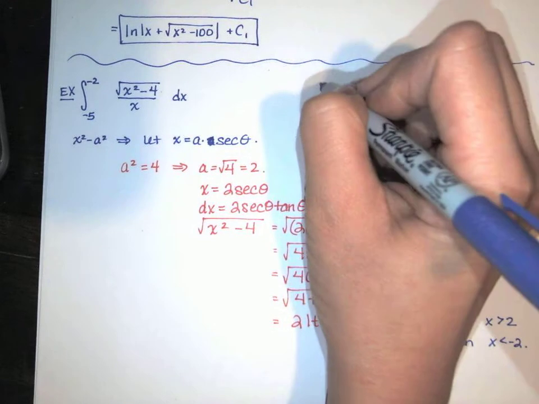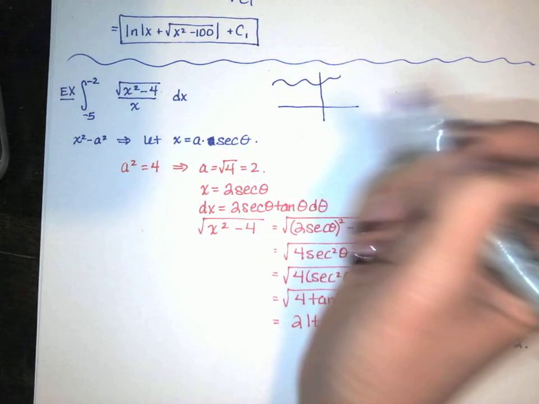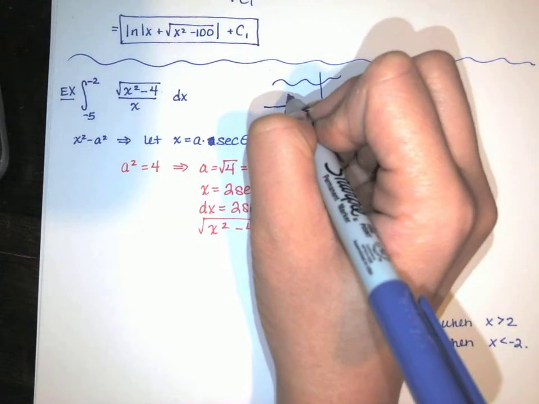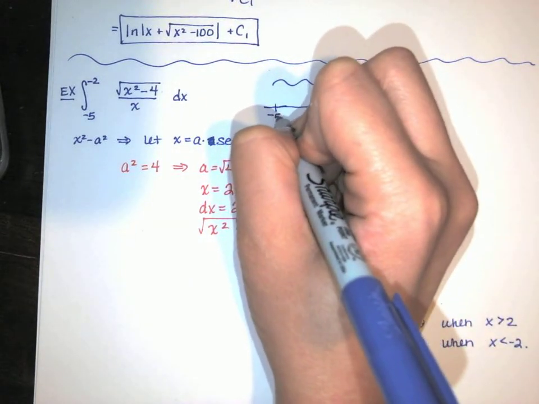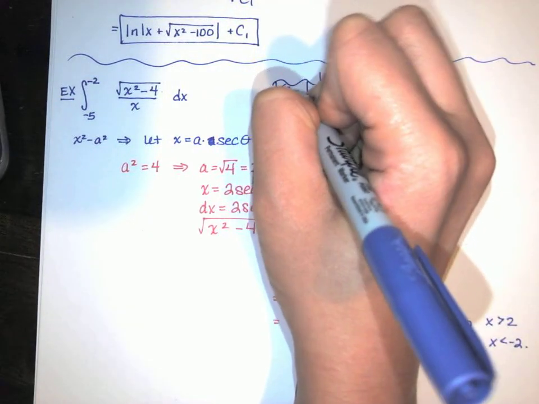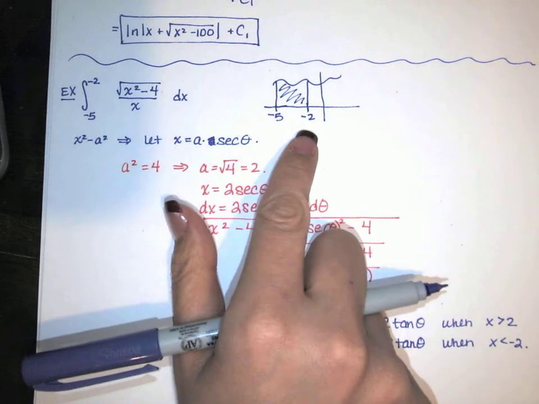Remember when we do area under the curve? Got some function. I don't know what it looks like, but I have some function. This says start at -5, end at -2. And I want that area. Of course, this is not that function. This function is 0 at -2.